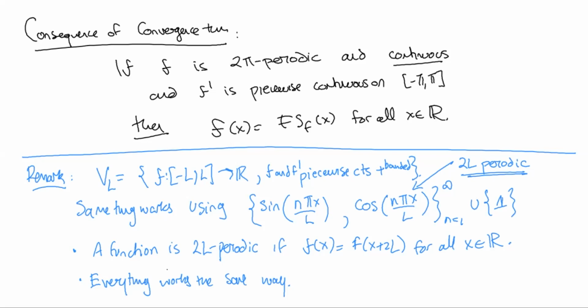I want to show you one more example. Let's consider the function absolute value of x on the interval minus pi to pi. Okay. What does it look like? So whenever you do Fourier series, just draw the function. That'll at least tell you whether it's even or odd.